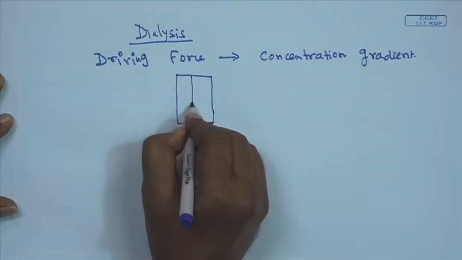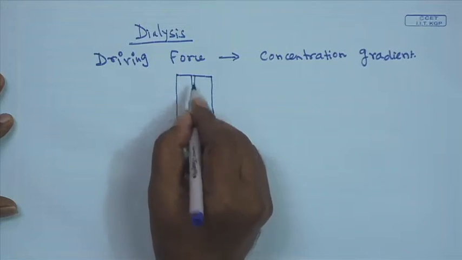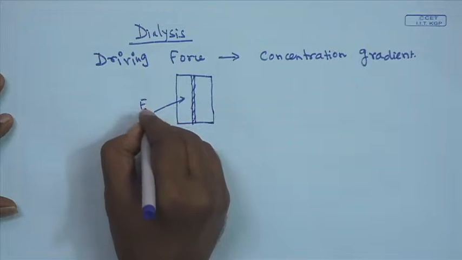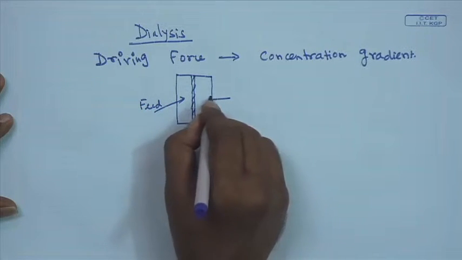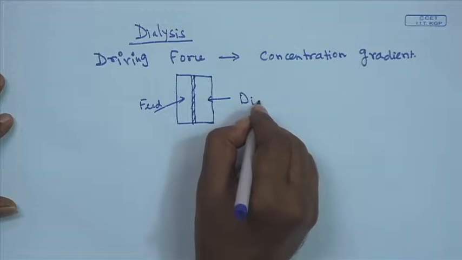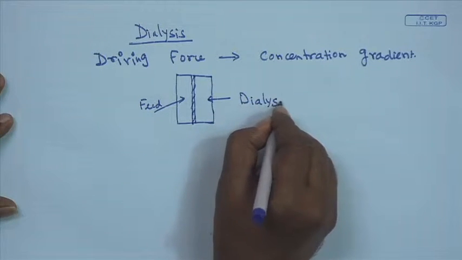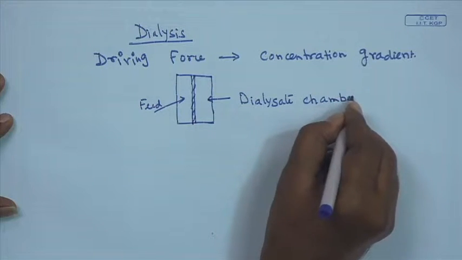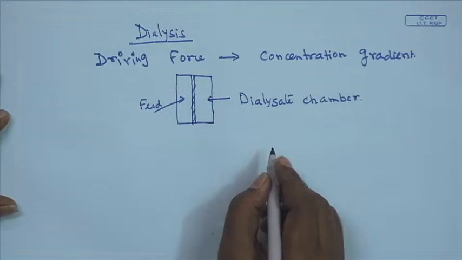So, we will be having a feed chamber. There will be two chambers, separated by the membrane. We will be having a feed side or feed chamber, and then we will be having a dialysate side, the dialysate chamber.